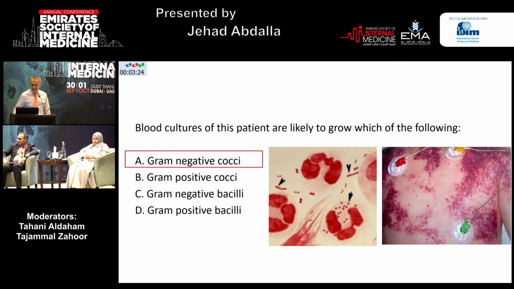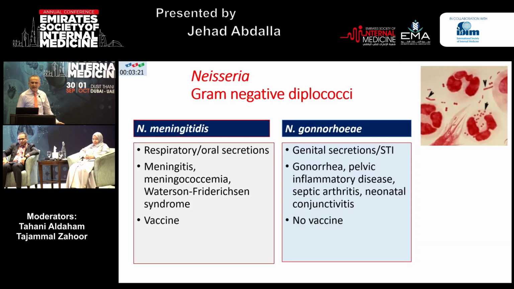So good. Gram-negative cocci. What are we expecting here? Neisseria meningitidis. Good. So just gram-negative diplococci. Neisseria can come in two flavors. One causes STDs, gonorrhea, causing urethritis, vaginal discharge, dysuria, penile discharge, and it also causes pelvic inflammatory disease, septic arthritis, or neonatal conjunctivitis.